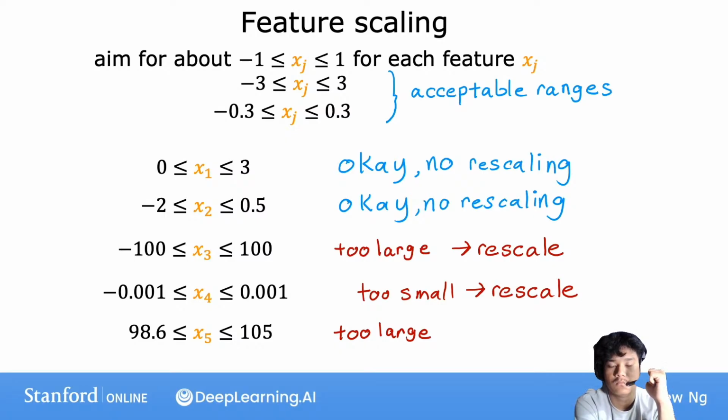So in this case, feature rescaling will likely help. There's almost never any harm to carrying out feature rescaling. So when in doubt, I encourage you to just carry it out. And that's it for feature scaling. With this little technique, you'll often be able to get gradient descent to run much faster.